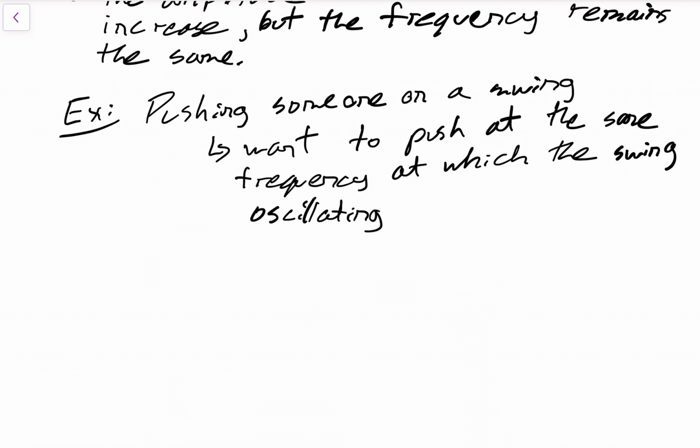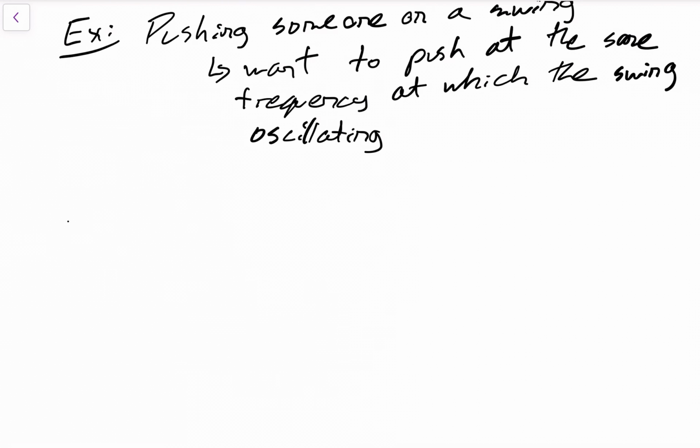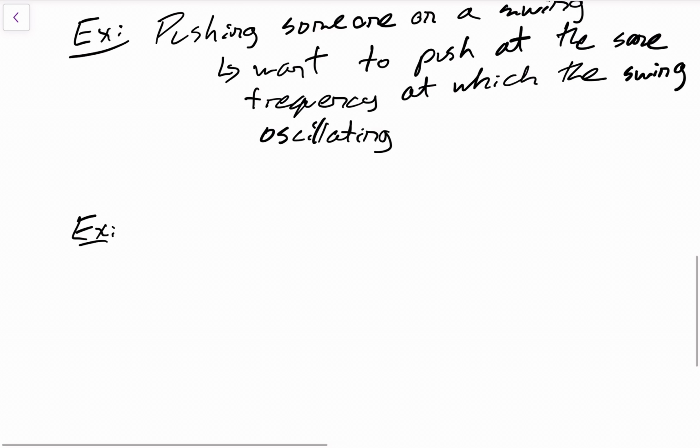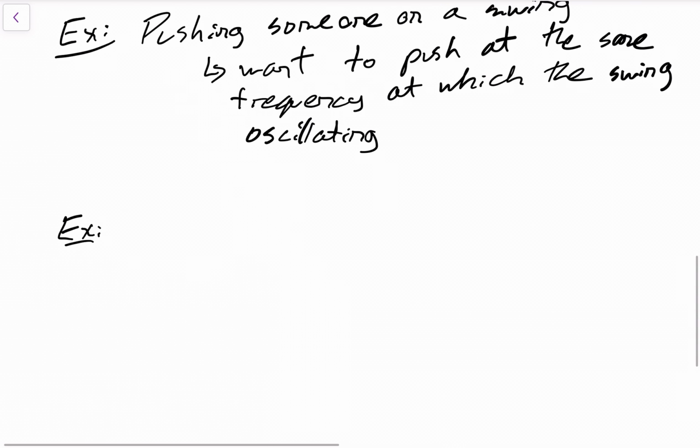This is the same sort of phenomenon that occurs with something like somebody trying to break a wine glass with their voice. And we've got a video linked below as well that we can take a look at. But for example, let's draw a little picture. Oh, this is a terrible picture.